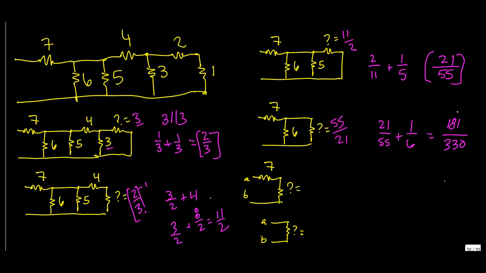So now you have 181 over 330, so basically this is technically 330 over 181.